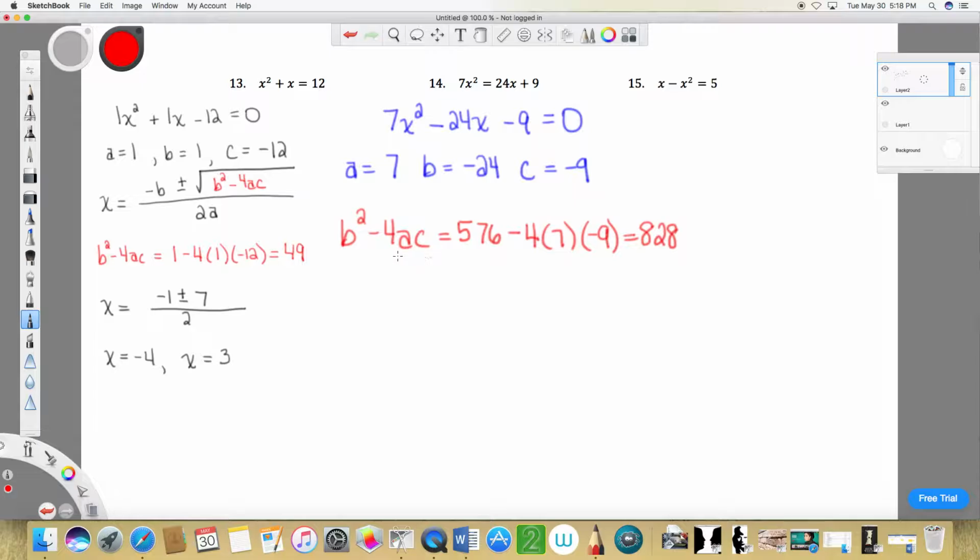All right, so I know that eventually I'm going to have to break this down when I take the square root of it. I guess I can go ahead and do that now. If I have 828, what divides 828? Let's try 4. Nope. My calculator, the buttons are sticking. There we go. I know that I can break that down into 4 times 207. 207 is probably divisible by 3.